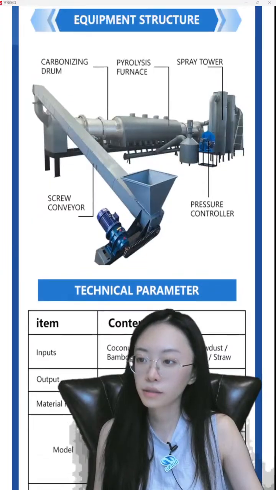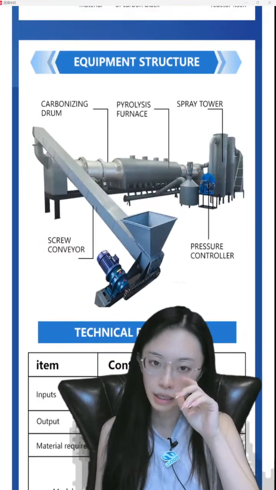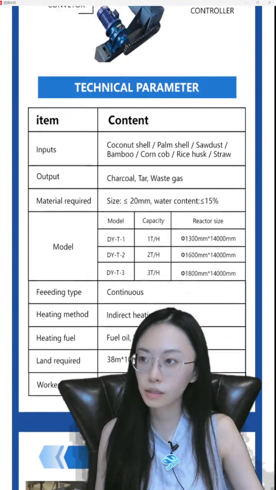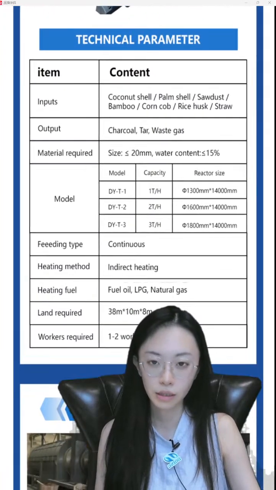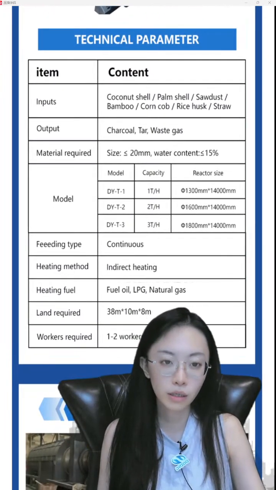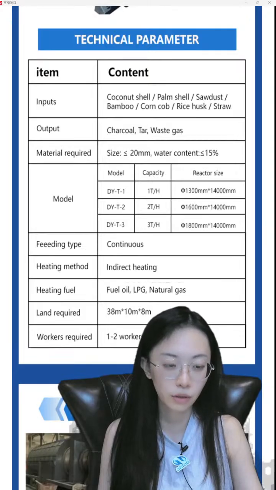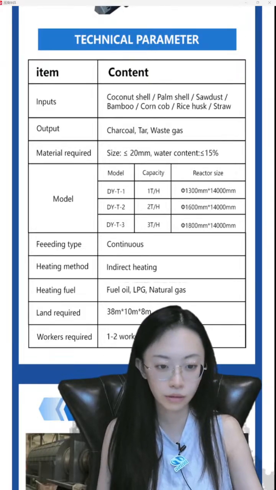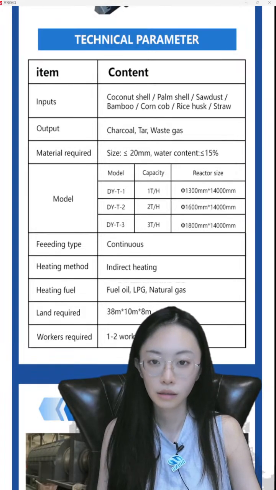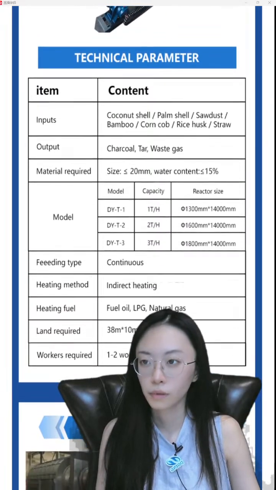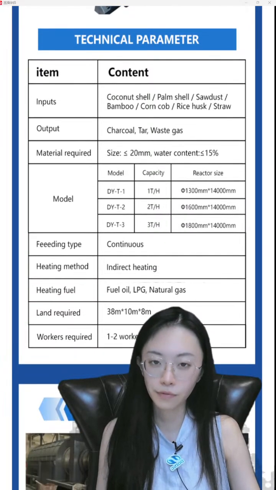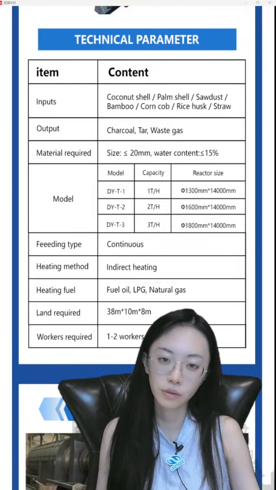Here are the different water contents and display parameters of the equipment. The models we have are 1 ton per hour, 2 tons per hour, and 3 tons per hour, and the sizes can be referenced. All the equipment can be customized.